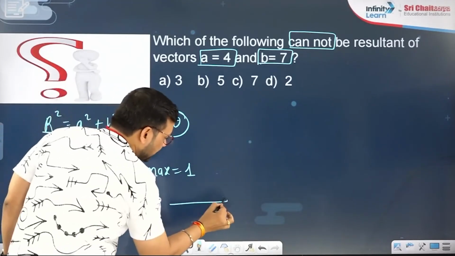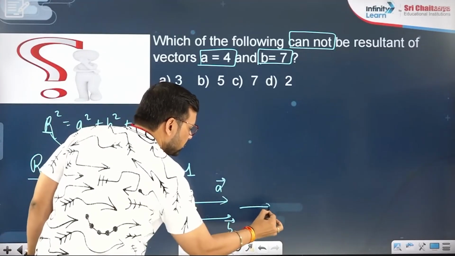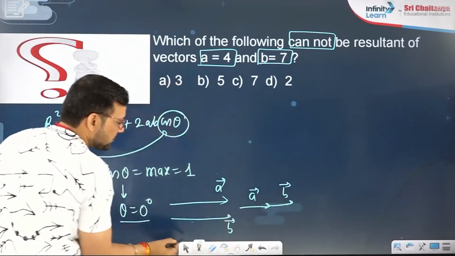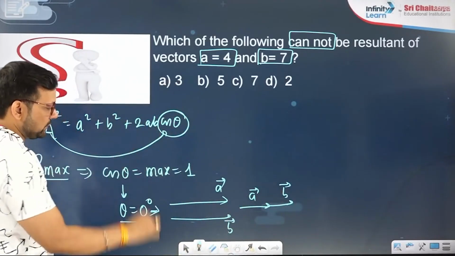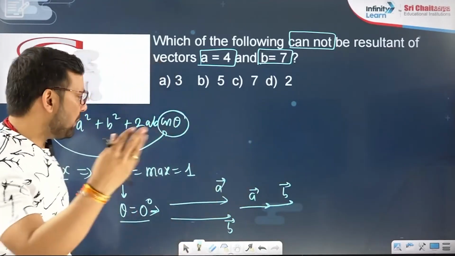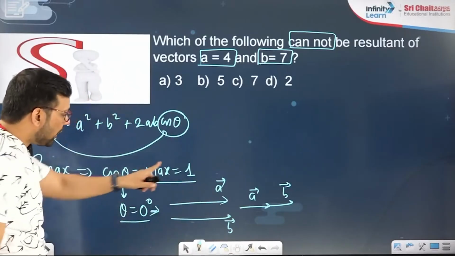Theta 0 means both vectors are parallel, or both vectors are in the same line, collinear. This is A, this is B, or this is A, this is B. That is the example of theta equal to 0. When vectors are in the same line, collinear, parallel, cos theta value maximum is 1, I am putting here.